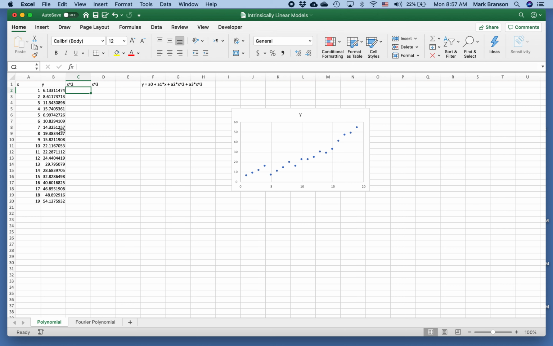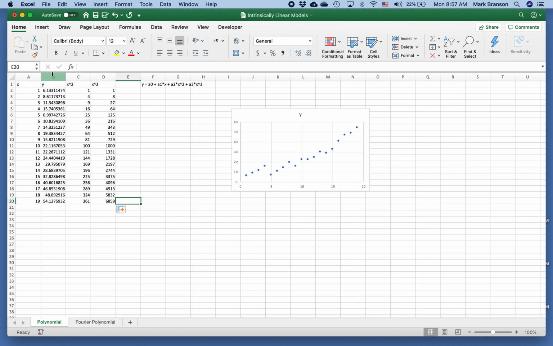If I wanted to fit a cubic polynomial to this, I can just go through. I already know what x is. I can figure out what x squared and x cubed are pretty easily. This is x squared. This is x cubed, which for the first one are both 1, but for the other ones get more interesting. So I've got x, x squared, and x cubed.